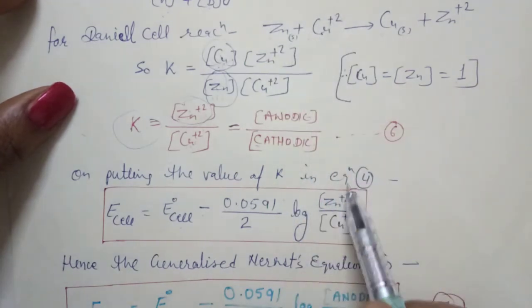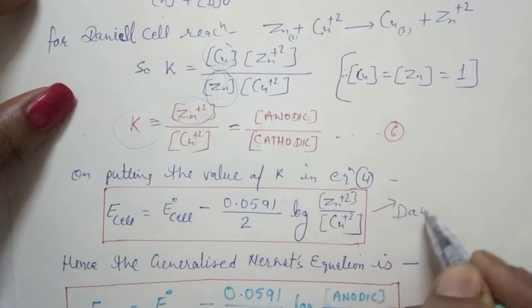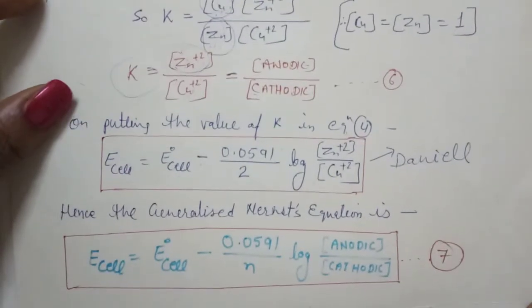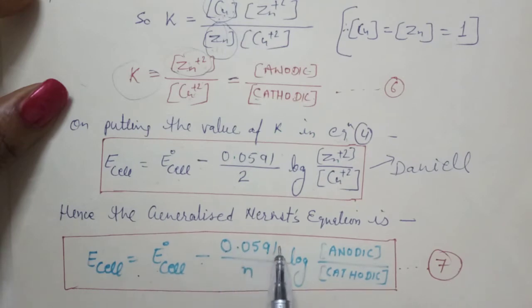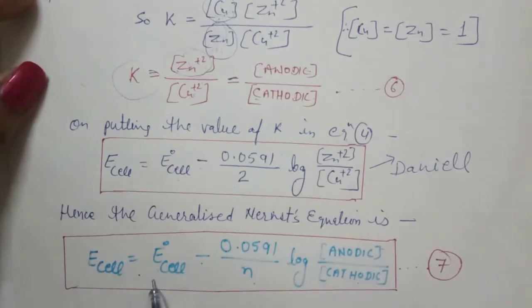This is the Nernst equation for the Daniell cell. But for a generalized cell, the equation will be E cell is equal to E° cell minus 0.0591 upon n log anodic upon cathodic. Clear? This is the actual Nernst equation for a cell.